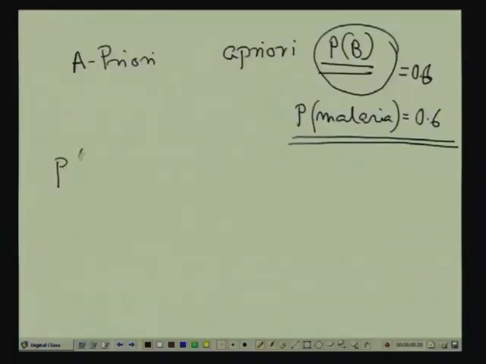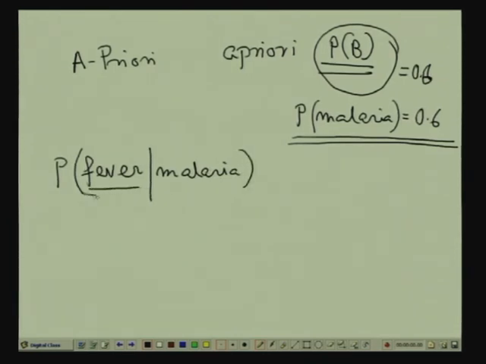Now, we would like to see the probability of, say, fever. This may not be a very good example. When they had malaria, what is the probability of fever? How many of these people had fever?